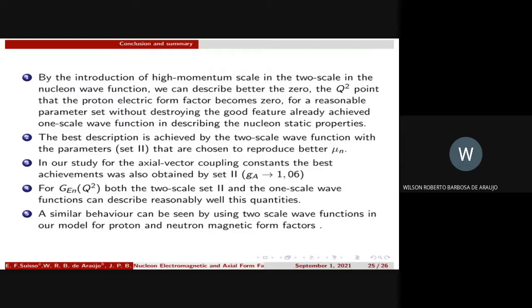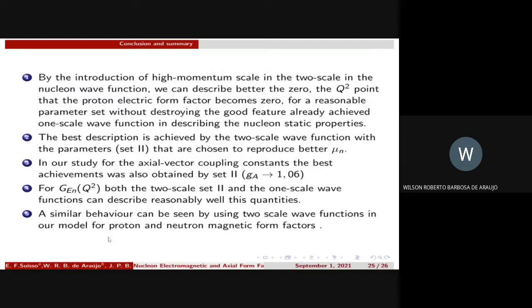The best description is achieved by the two-scale wave function with parameters of set 2, which are chosen to reproduce the neutron magnetic moment. In our study of the axial coupling constant, the best achievement was also obtained by set 2.